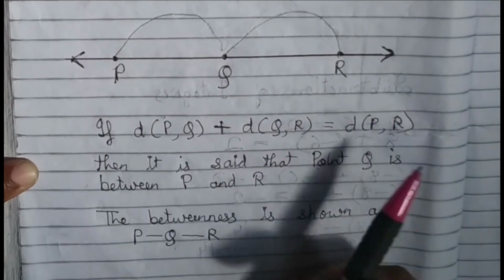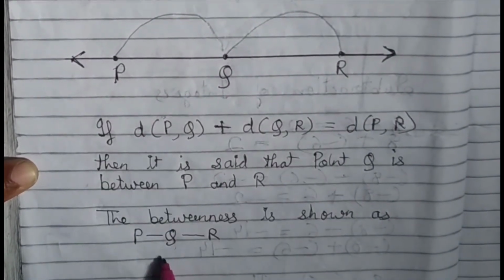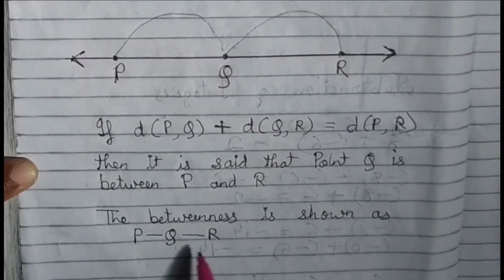Then we say the point Q is between P and R, and the betweenness is shown as P-Q-R.